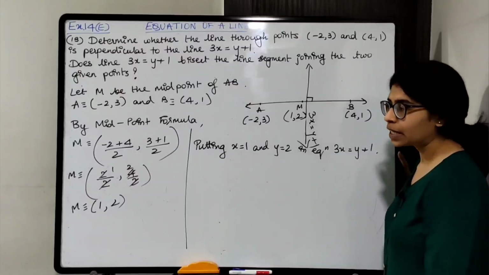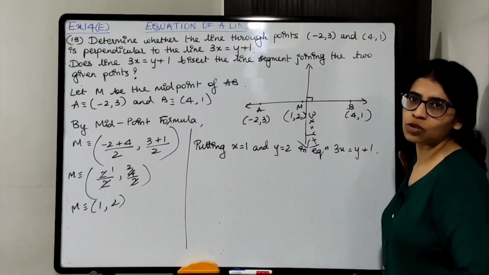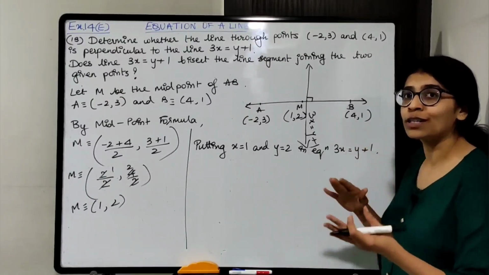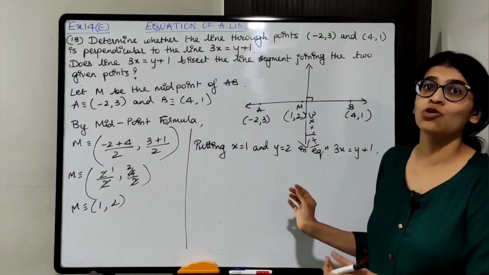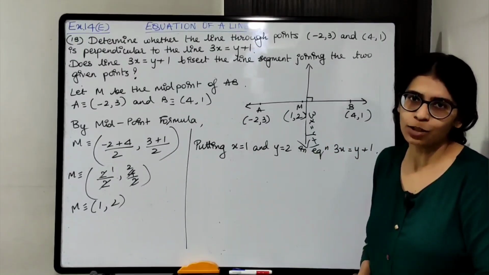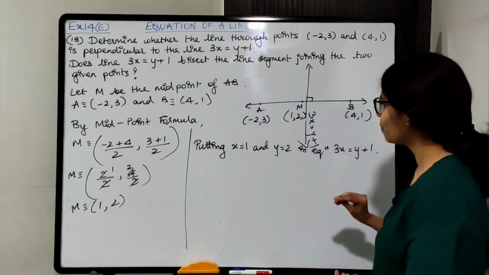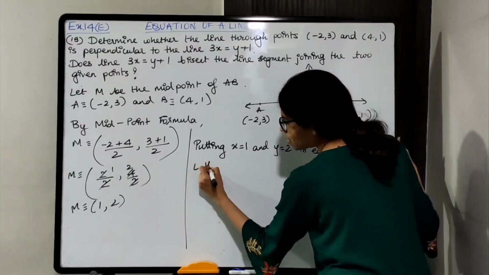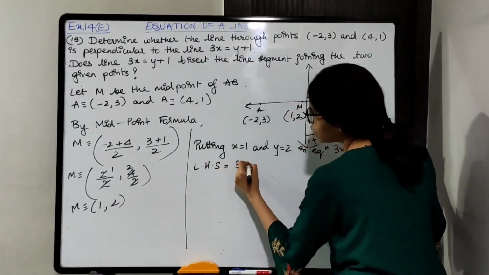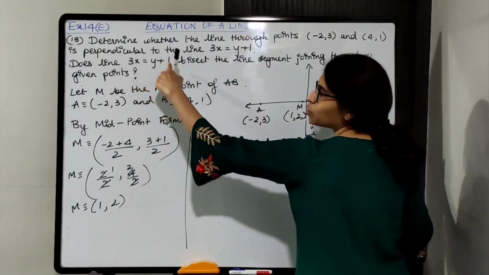Okay. LHS and RHS separately solve करना है students, because it is not given to you that it satisfies the equation. You have to find out whether it satisfies the equation or not. So LHS and RHS separately solve करना है. Okay. So LHS is 3x. 3x equals to y plus 1 है.